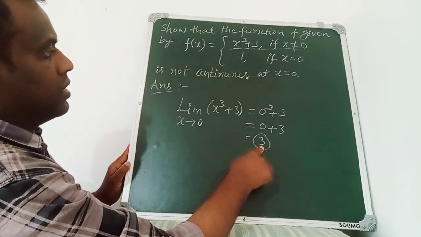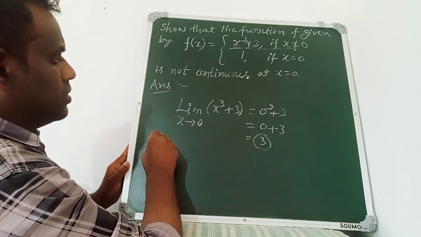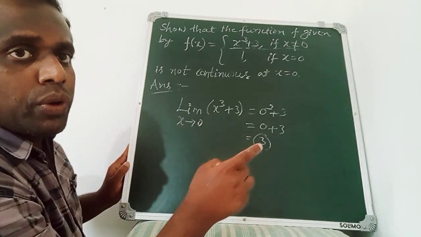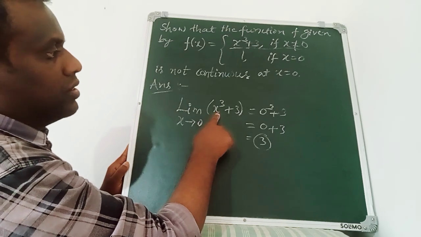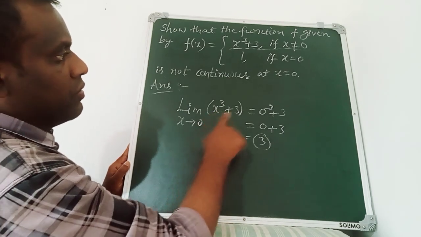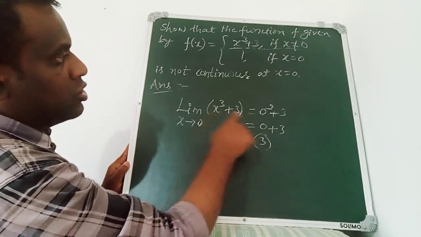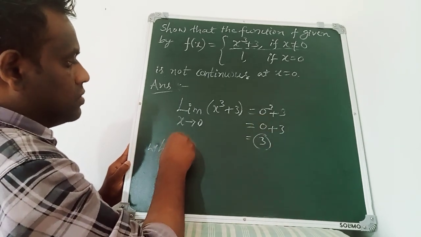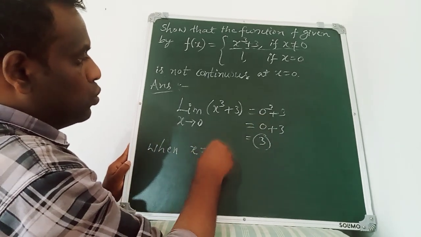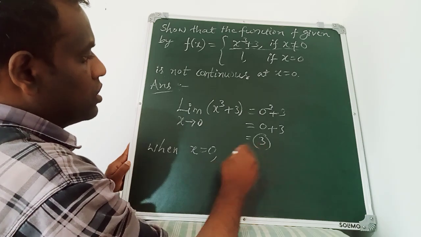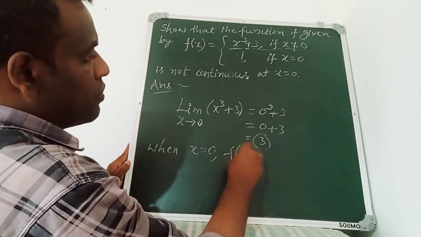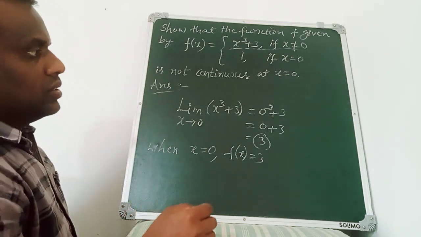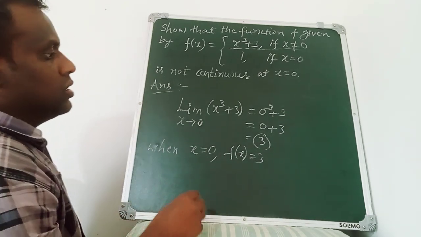That means we got 3 when x is equal to 0 is substituted in this. I will write once again here: when x is equal to 0, f of x is equal to 3 we got.